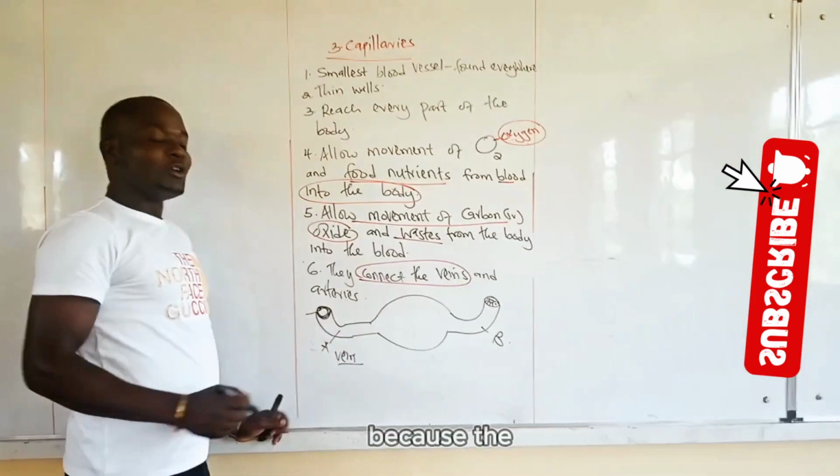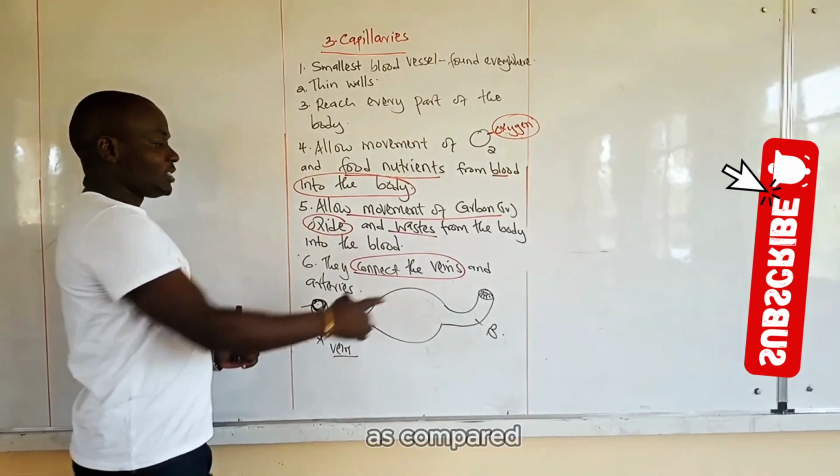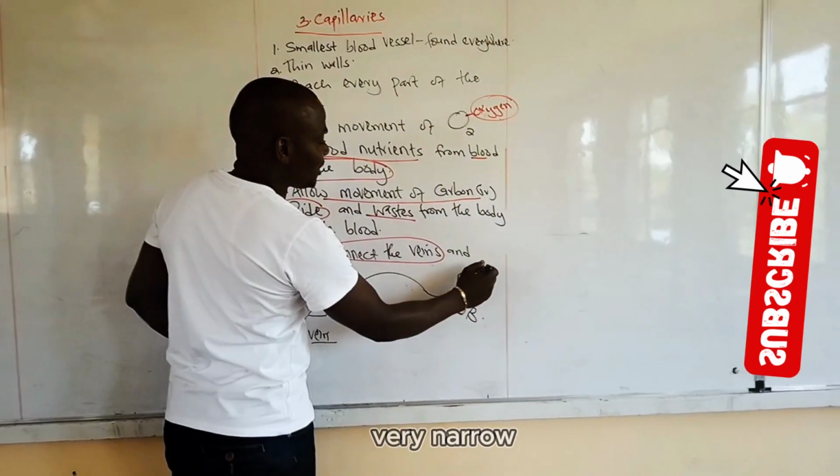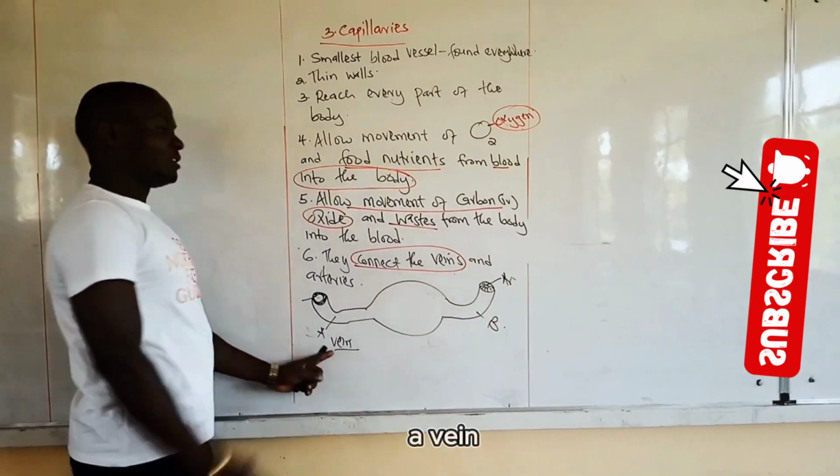Why? Because the lumen, the opening here, is quite large compared to this one. This is very narrow, so this is an artery. So that's an artery, this is a vein.